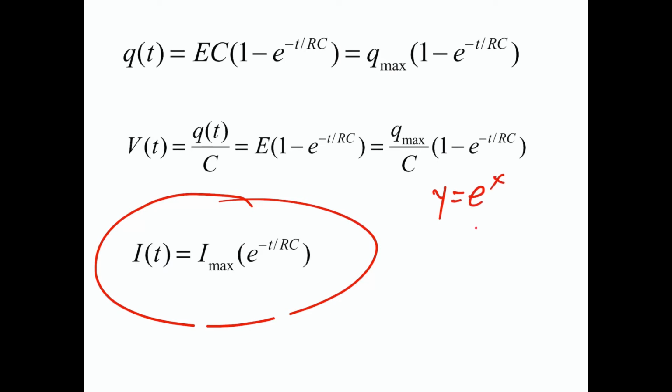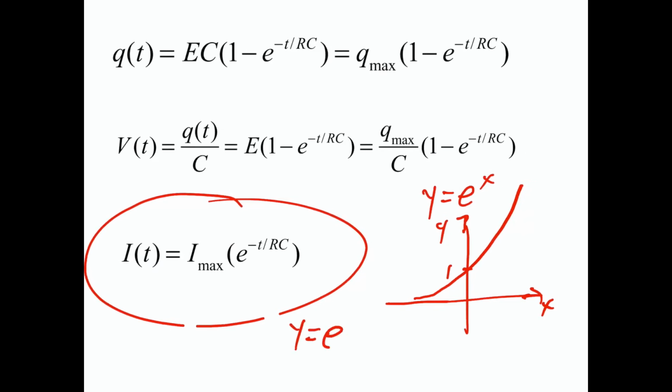How would you draw y equals e to the x? This one. So this is x, this is y, this is 1, of course, when x equals 0. Now, how would you draw y equals e to the minus x? This way.